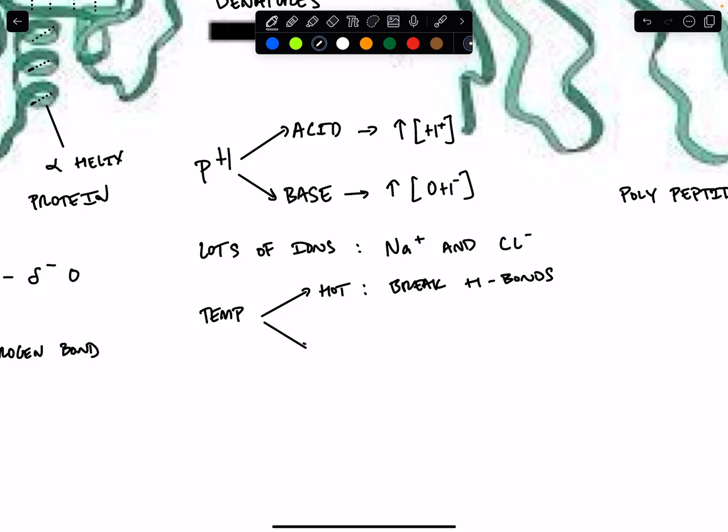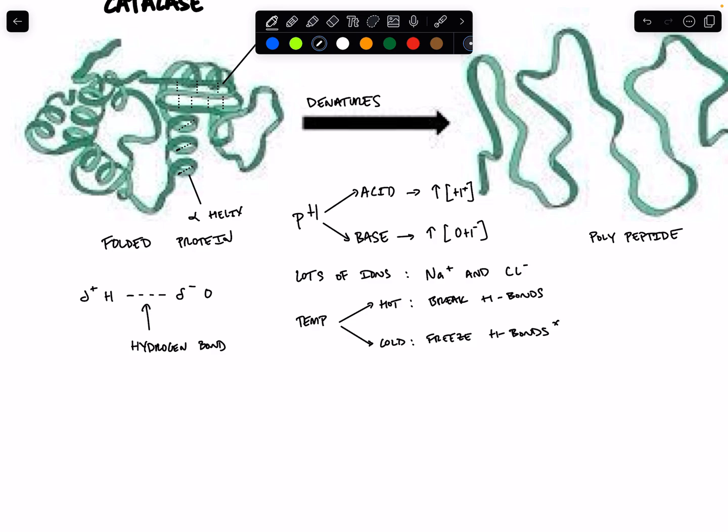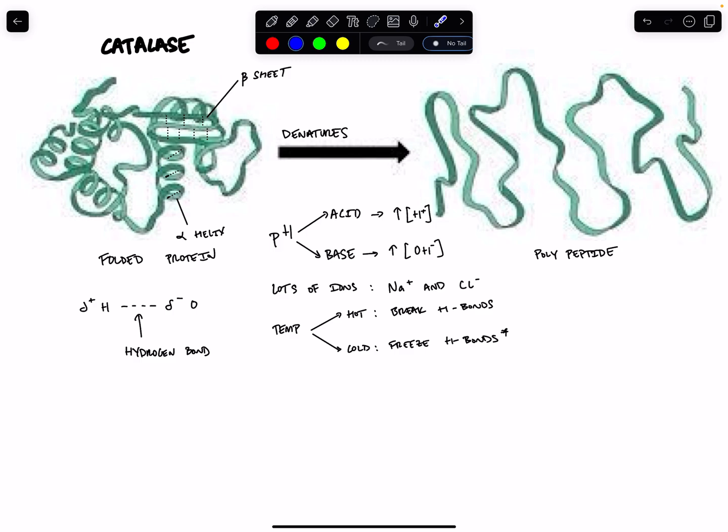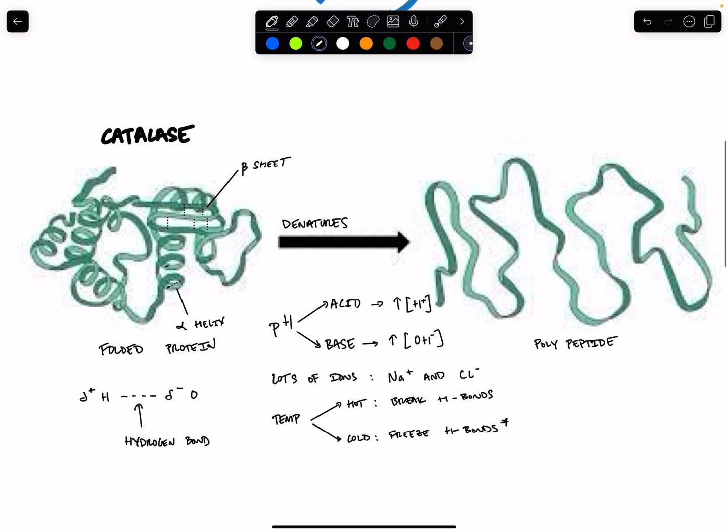And when the temperature is really cold, we freeze hydrogen bonds. Okay, I'm going to put a little extra asterisk next to cold. So when the temperature is hot, hydrogen bonds break. And this process, when we break the hydrogen bonds and we denature the protein, this is irreversible.